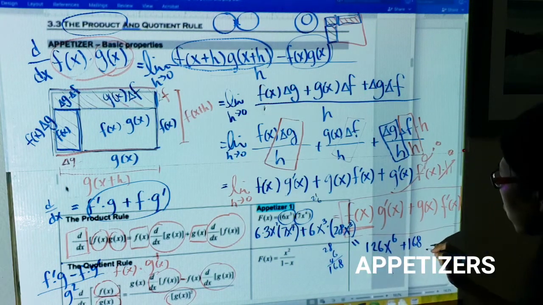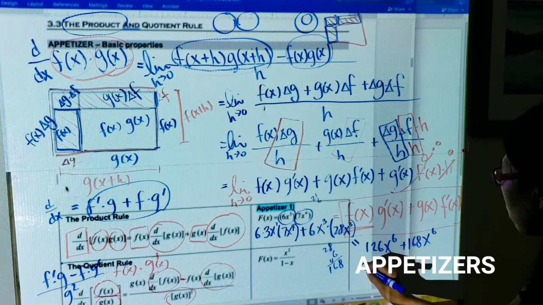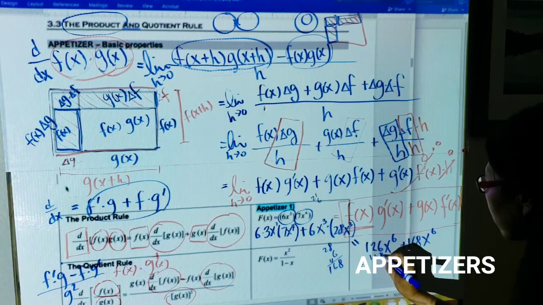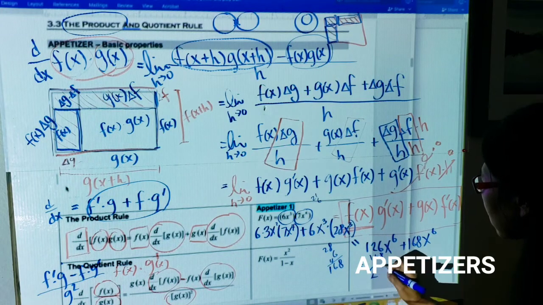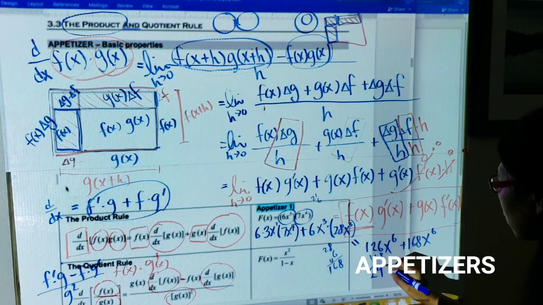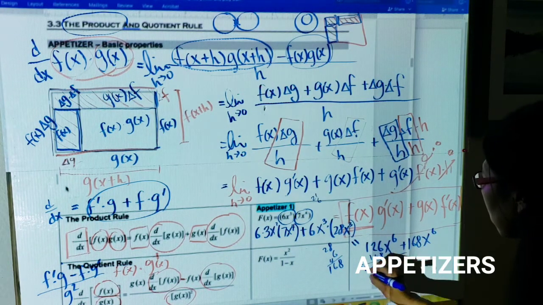Hope mine is correct. 168x to the 6th power. So I think you can add it. 294x to the 6th power.